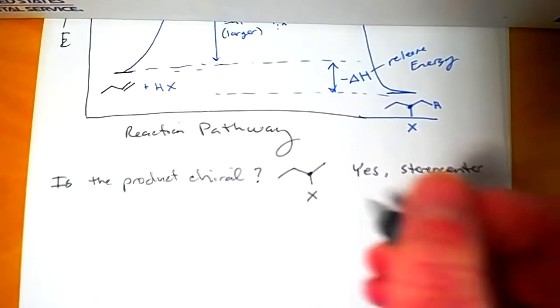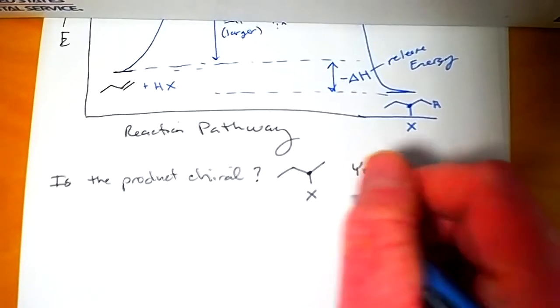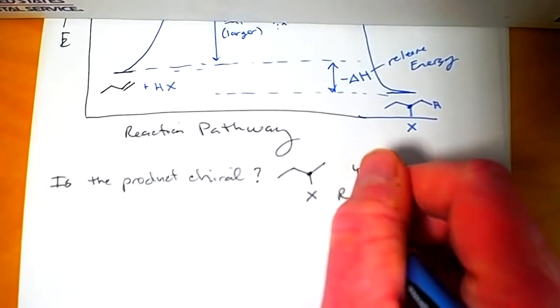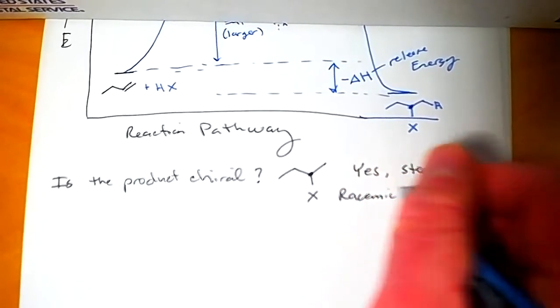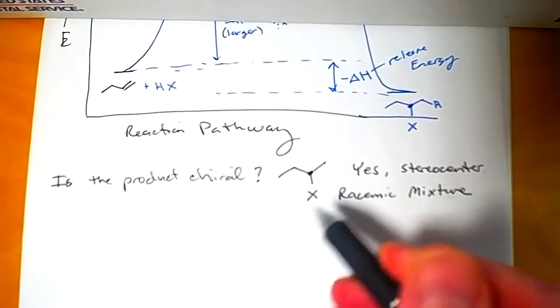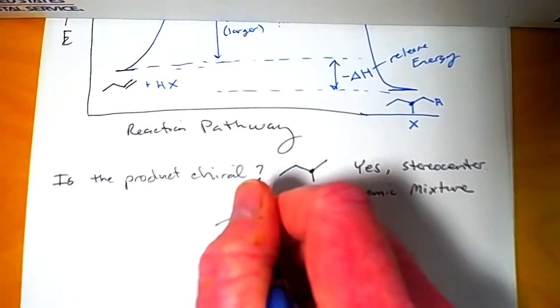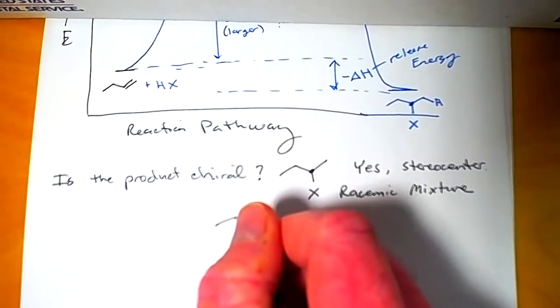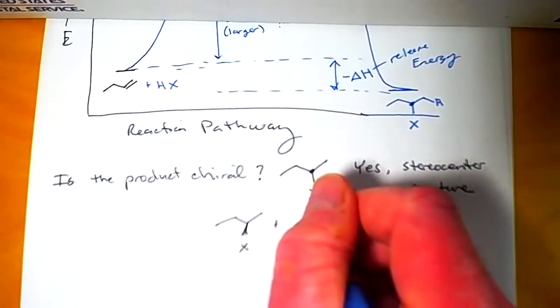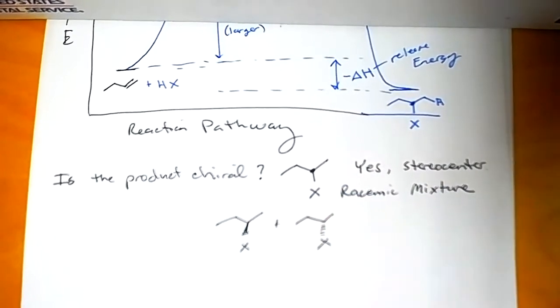So if you ask what is the stereochemistry, well, this is a racemic mixture. If you remember what that means, you have a 50-50 mixture of these 2 enantiomers.